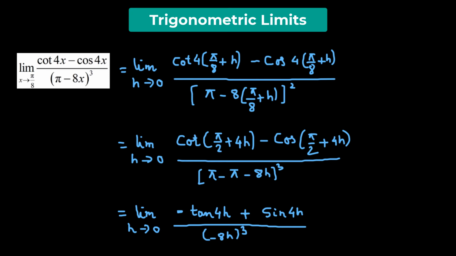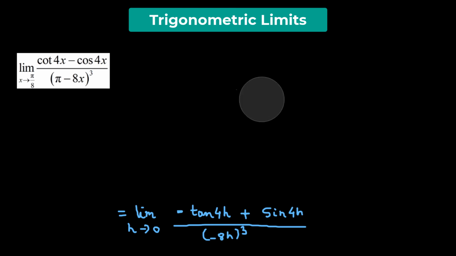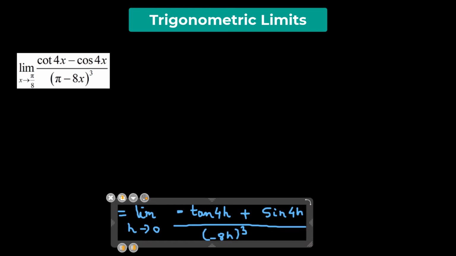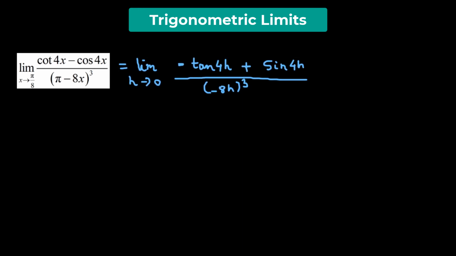So let us move further ahead. We're going to move this to the top. Now what we're going to do is change the tangent function to the ratio of sine and cosine.